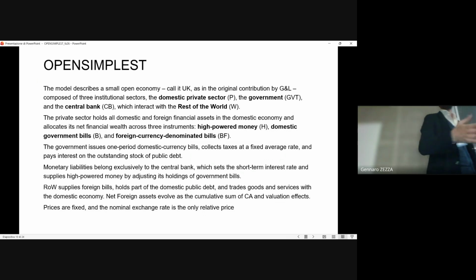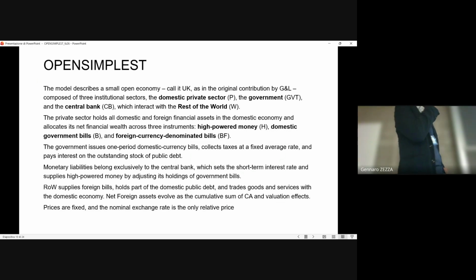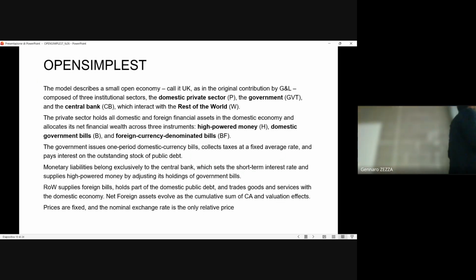So it will be very simple to bring the model to you. The model is very simple. I'm taking all the assumptions from Godley and Lavoie. So this is a small open economy that we call UK, as in the tradition, and differently from Carnevale, I aggregate the private sector, so I don't have households and firms.